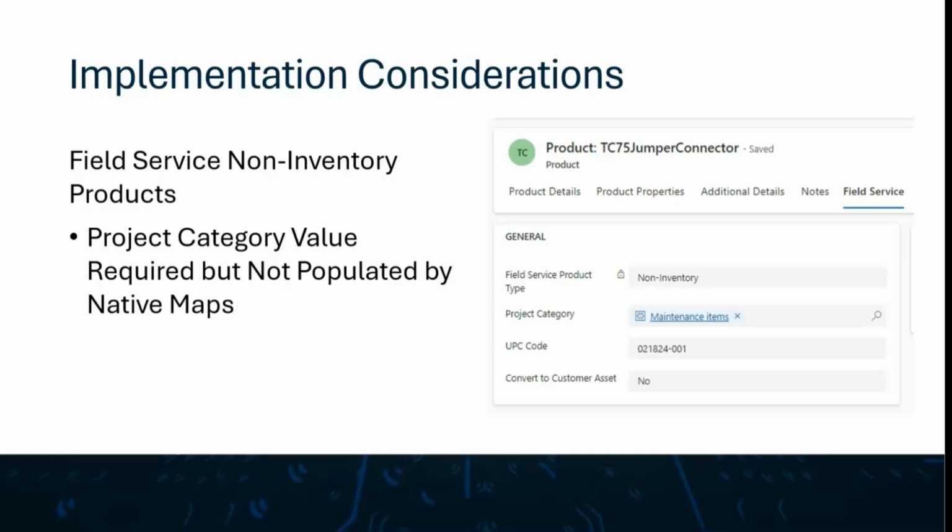So as you add non-inventory items, you're going to want to go onto either the sales, field service, project ops side of things, and you'll see a new field, and you can see it here in this screenshot, project category, and pick the appropriate category because that's how some of the GL treatment is handled on the F&O side of things, which is based upon that category there.